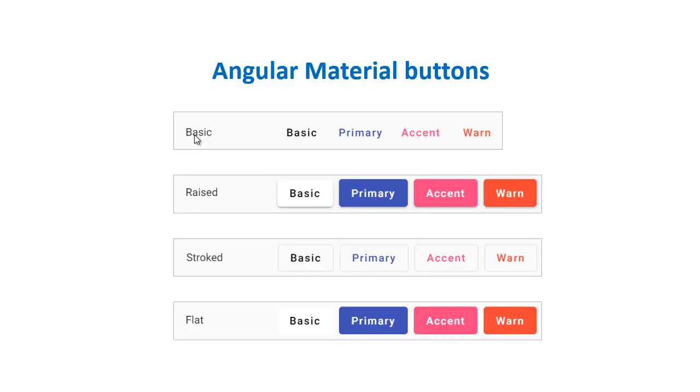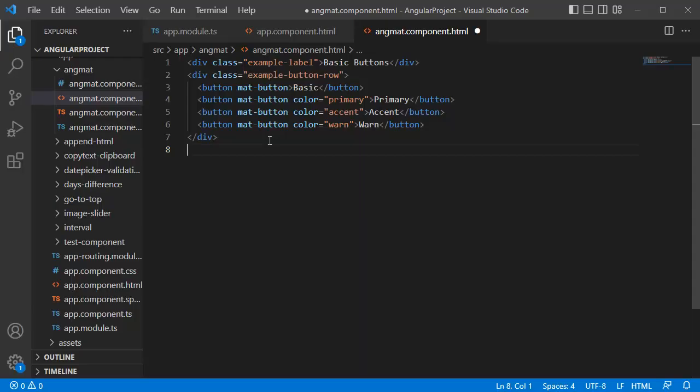First, let's see the coding for basic buttons. For basic buttons, you need to have a button tag, which is an HTML tag, and within that you need to add an attribute as mat-button. That's the only thing you need to define here to get the basic buttons. And as I mentioned earlier, different color palettes are also available in Angular material.